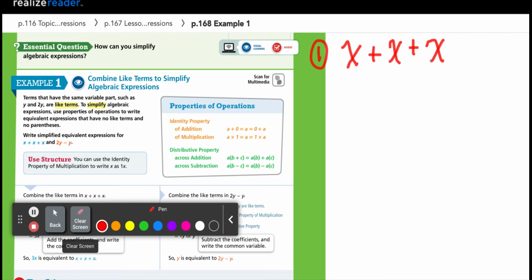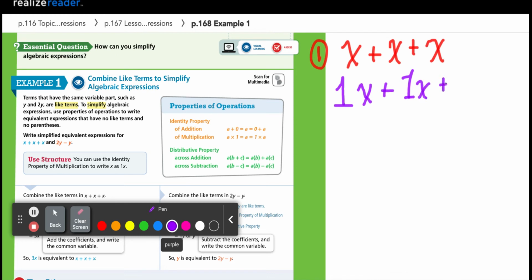What is the number that is in front of that variable? The number is 1. So I really have 1x plus 1x plus 1x. So are these like terms? Yes, they are, because they have the same variable with the same exponent, x to the first power.